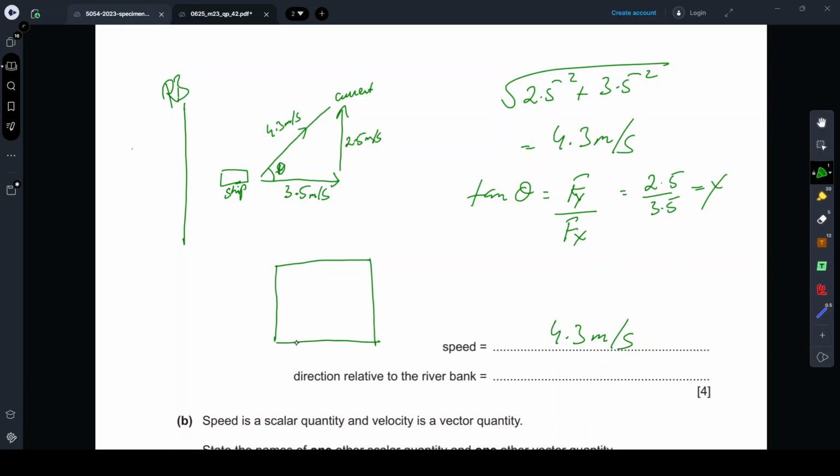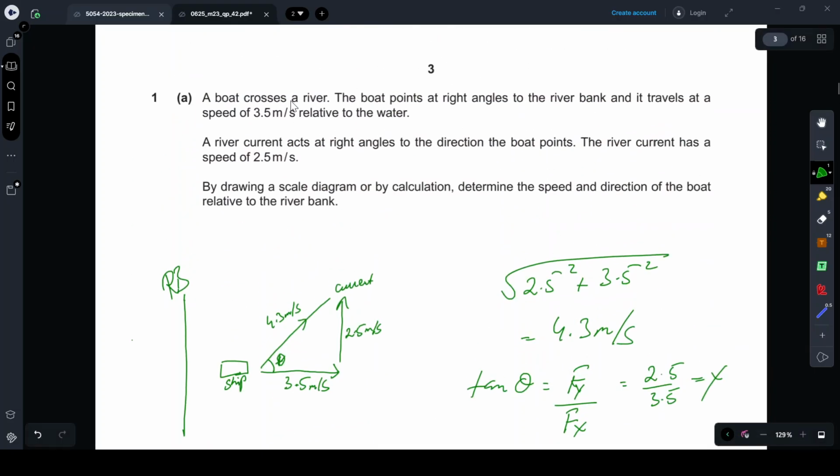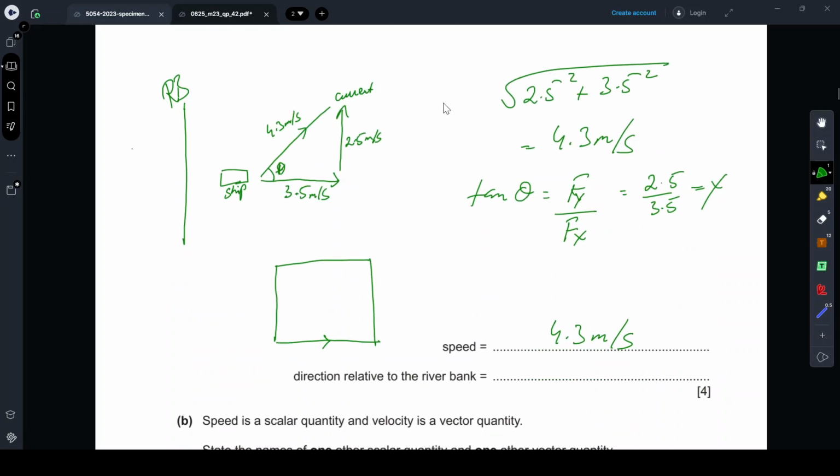this is the original direction of motion of the ship, the boat. It crosses the river, so this is the boat initially crossing.